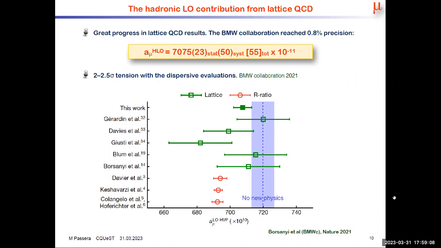Okay, any other question? Yeah, may I ask you some questions? Sure. My query is, although this is not part of this talk, what is the status of the electron g-2? We had two results.